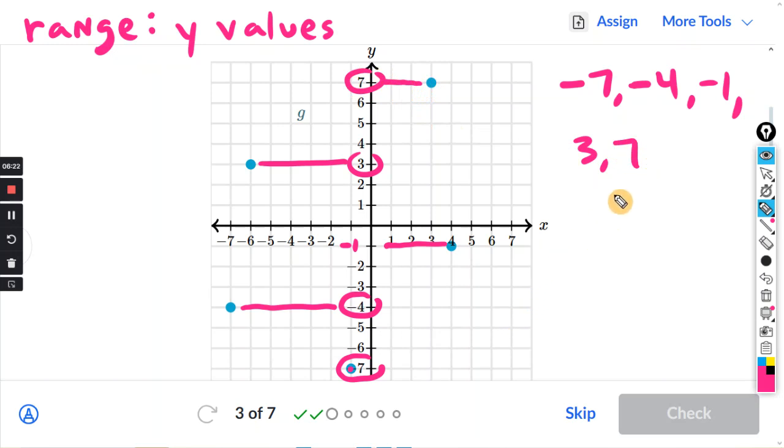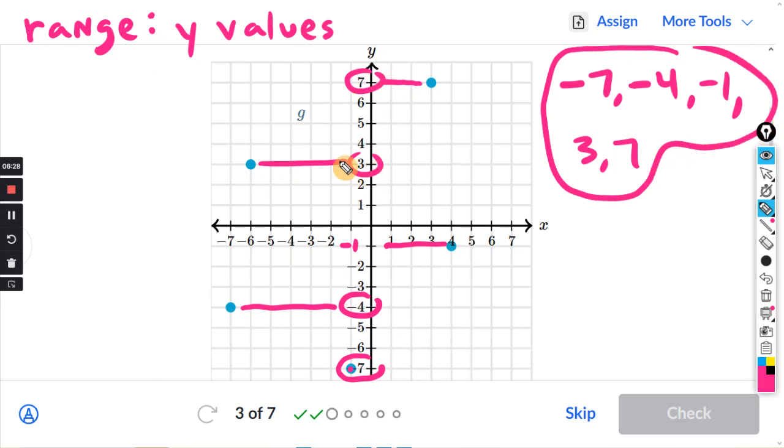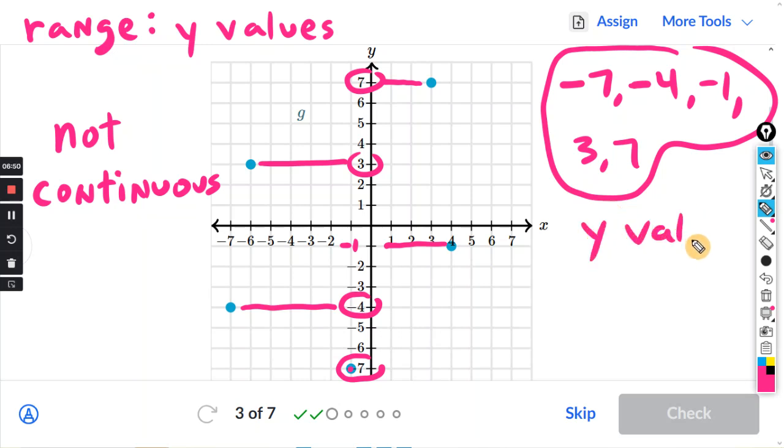So that's it. There's no greater than less than here because this function is not continuous. This is not continuous because you cannot plot these points without lifting your pen. They are not connected. You'd have to plot these points individually. So these right here are the y values. The values in between these numbers are not included because right in here between this point and this point, there's no graph. There's no dots here.